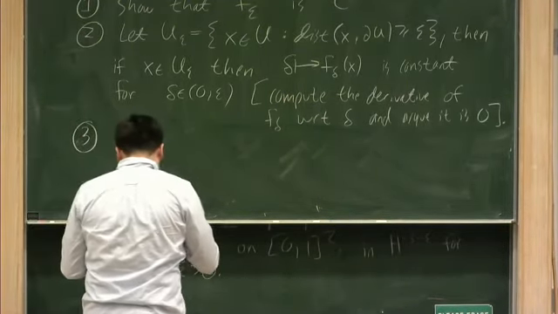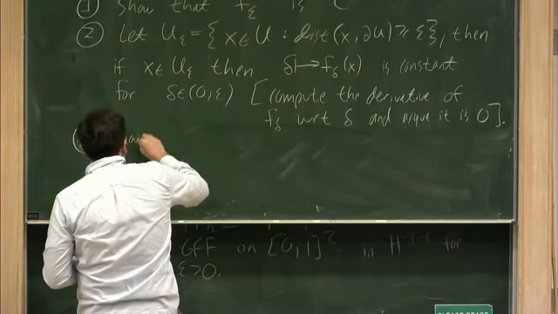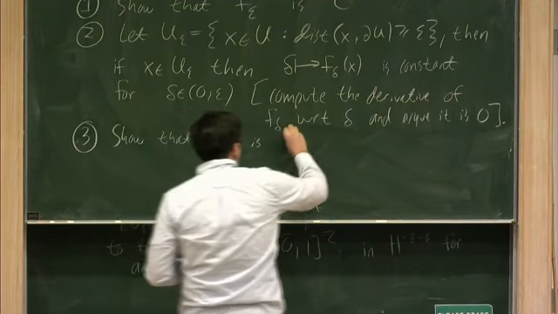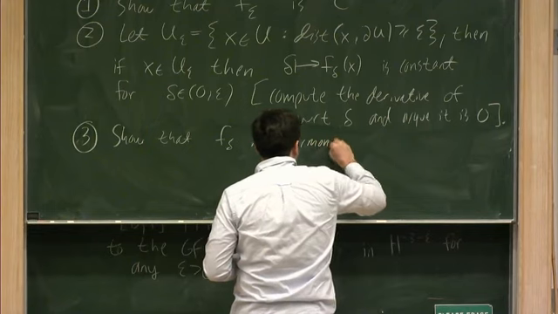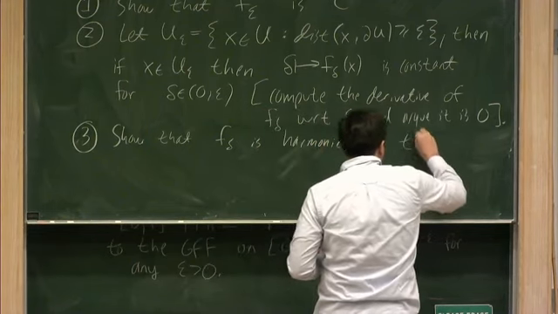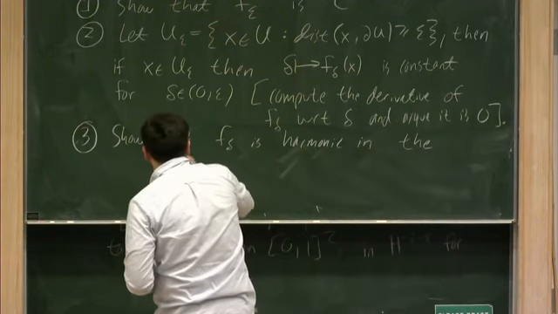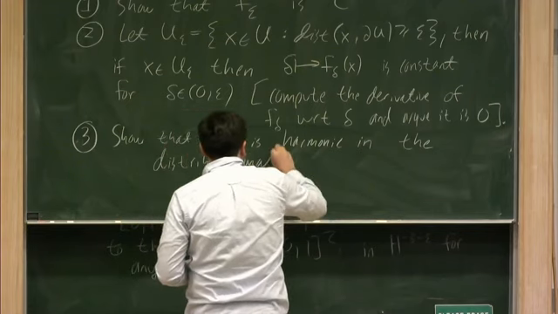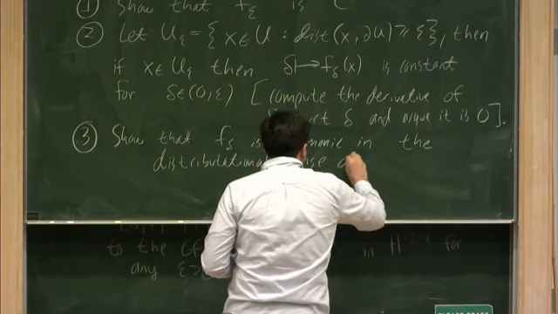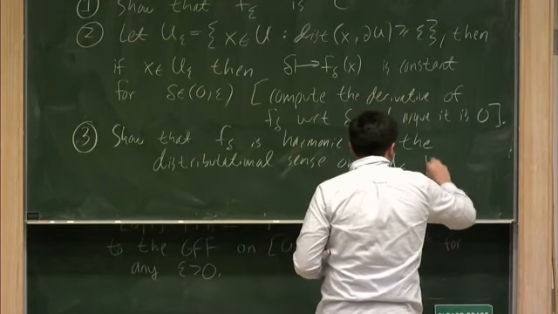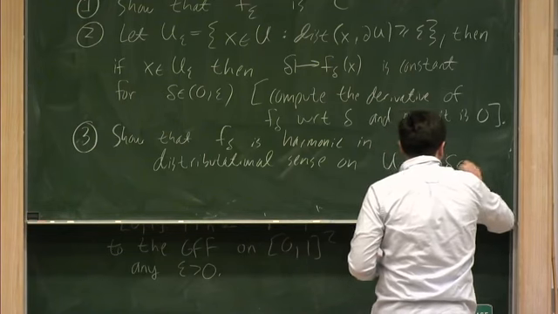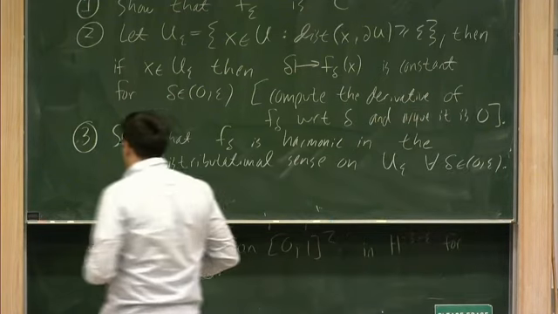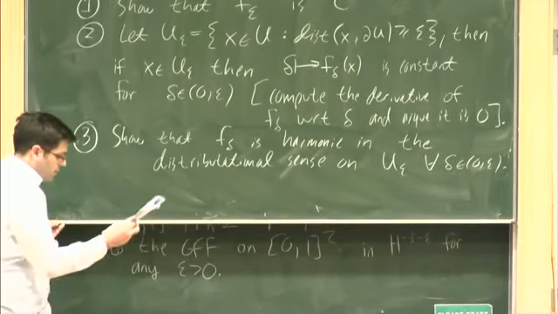And then third, you can show that this f delta is harmonic in the distributional sense on U epsilon for all delta between 0 and epsilon. And this is again just going to come because we assumed that f was harmonic in the distributional sense.